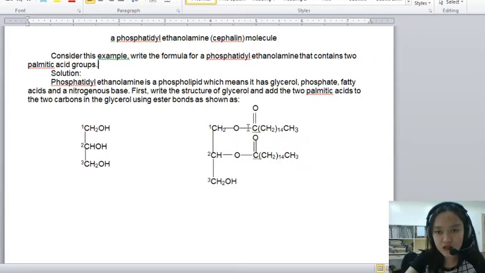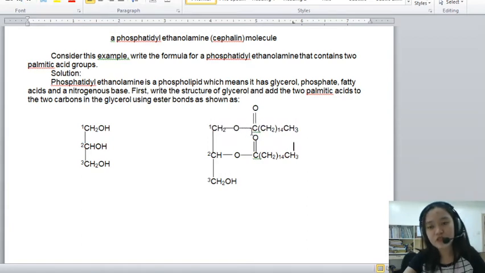So, for example, dito, this is an example of an ester bond. Ito yung original carbon mo. So, saan yung first connection or bonding? Sa another carbon. Single bonding with CH2. Next, double bond with oxygen. And the next, single bond with an oxygen or another oxygen connected to another group.